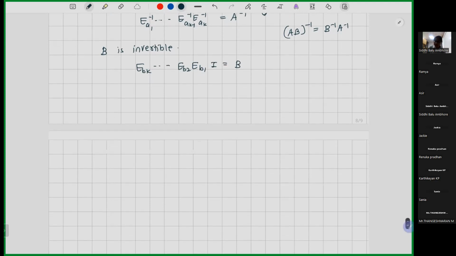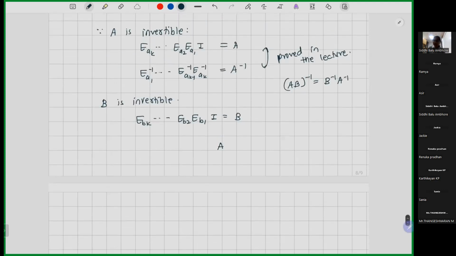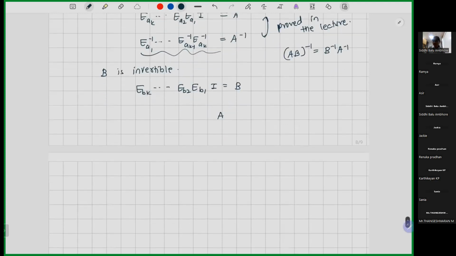So what I will do is, I have A here. I apply this linear transformation of A inverse to A. And what I will get is EAK inverse, EAK minus 1 inverse, and so on up to EA1 inverse. This is A inverse, right?